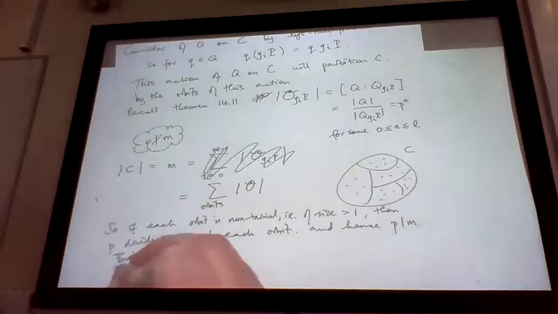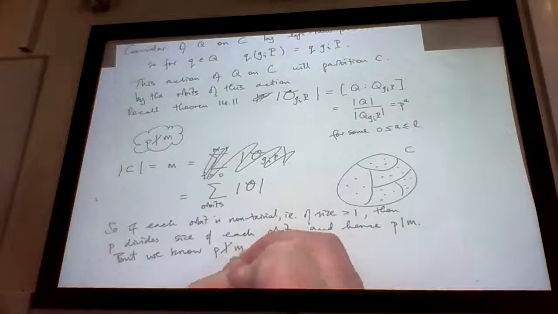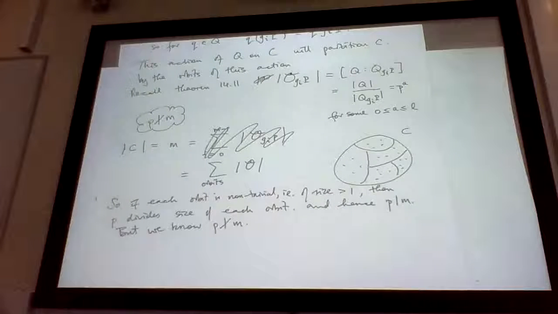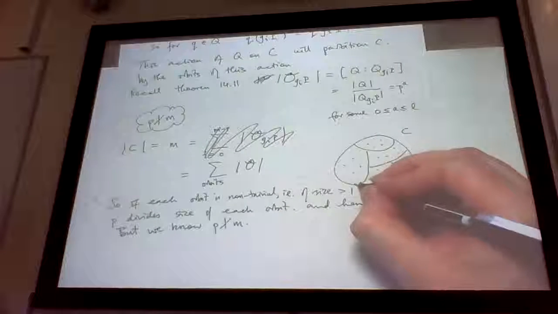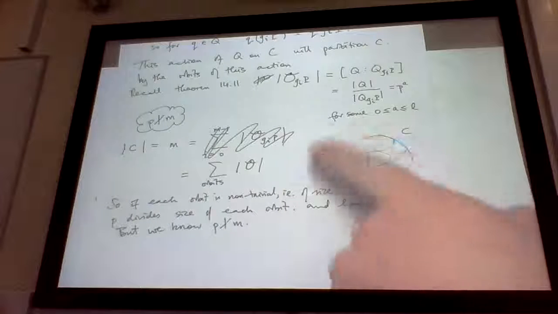But we know p does not divide m. That was the setup: m is the part of the order coprime to p. So this little proof by contradiction tells us that there's at least one trivial orbit. So let's augment my picture, stick in at least one little cell which has one element. Could be multiple of them, but it has to be at least one, something to stop the total number being divisible by p.